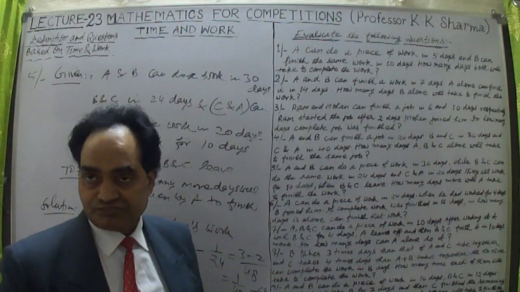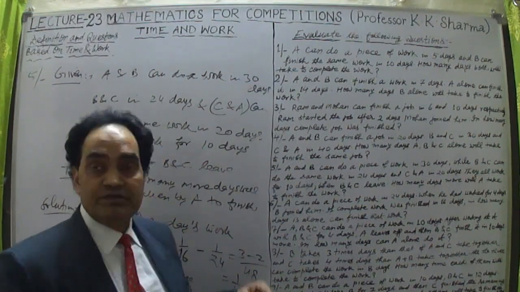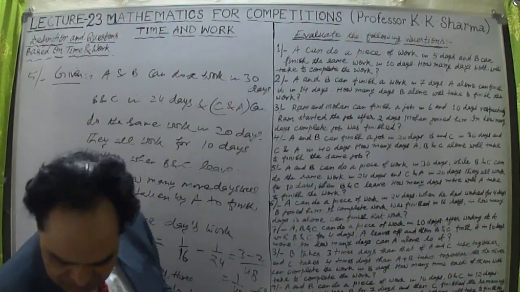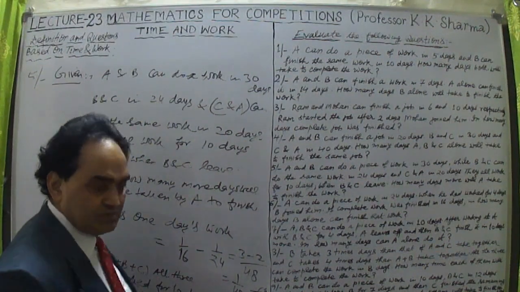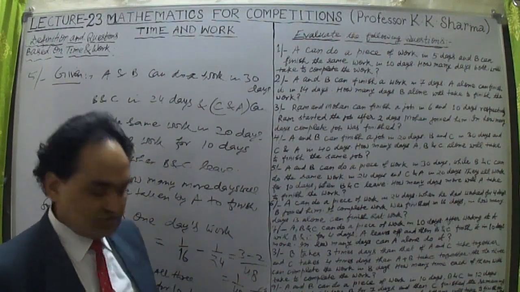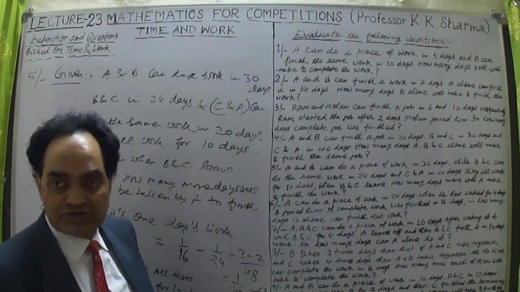What is the remaining work, which is to be completed by A? After the three people, A plus B plus C, worked for 10 days, how much work did they complete? 5 upon 8.